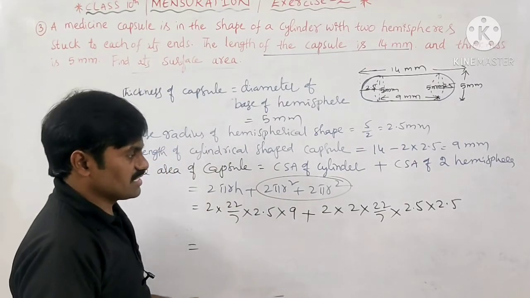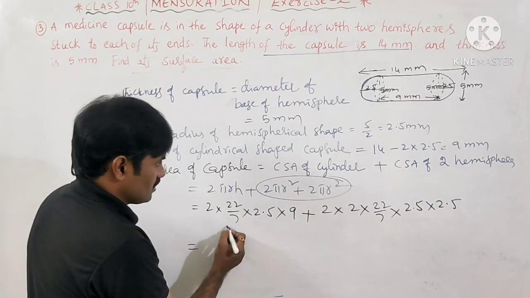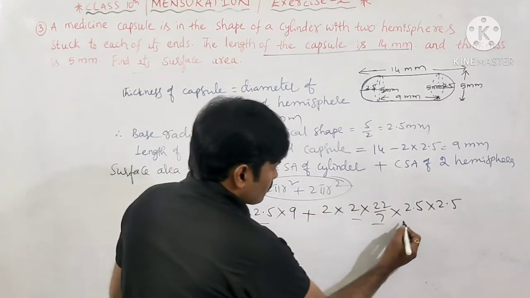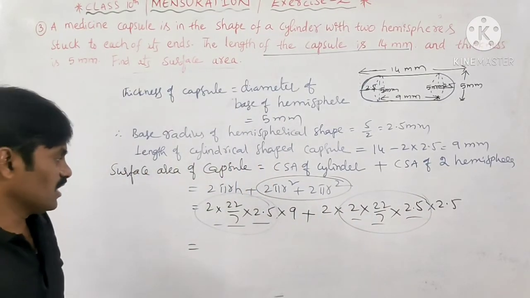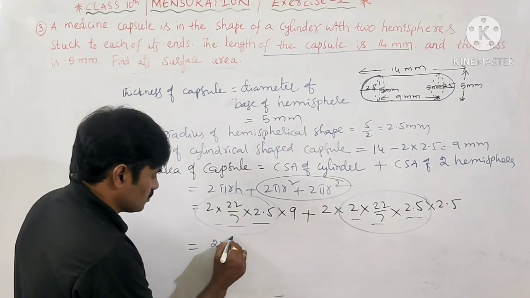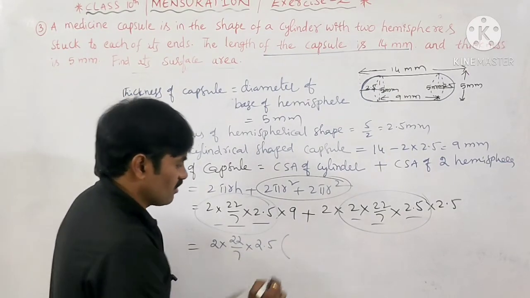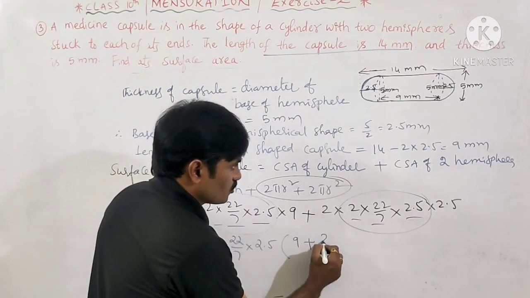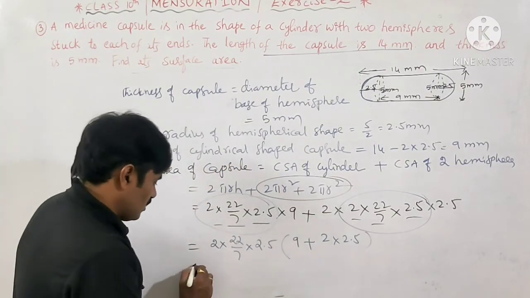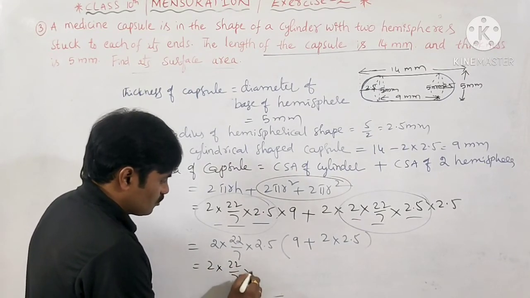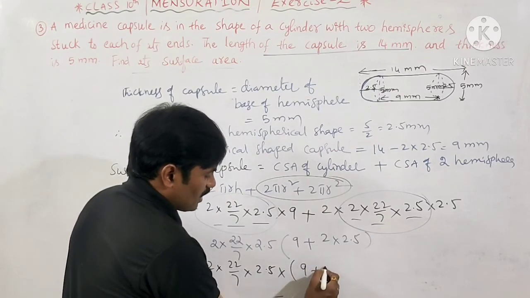Now if you observe in this step, what are the common factors? 2 into 22/7 into 2.5 is common in this portion and this one. If you take it out, what is remaining? 9 plus 2 into 2.5. Any doubt? So 2 into 22/7 into 2.5 into (9 plus 2.5 is 5).